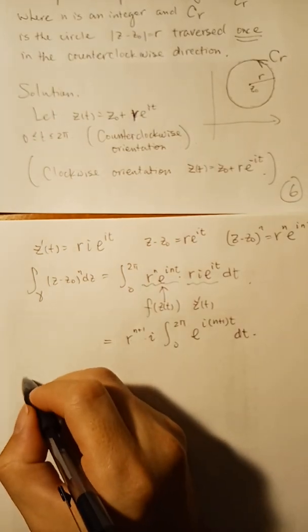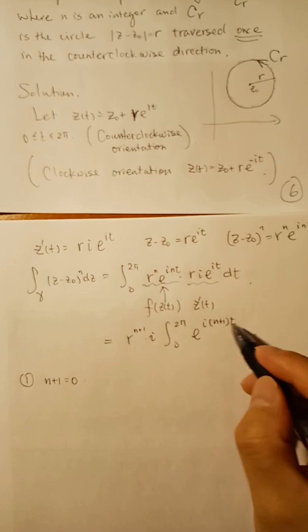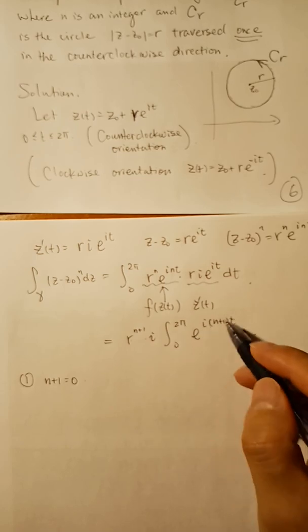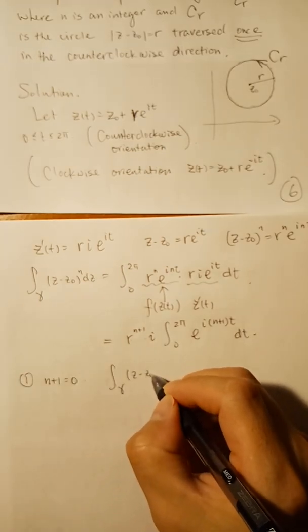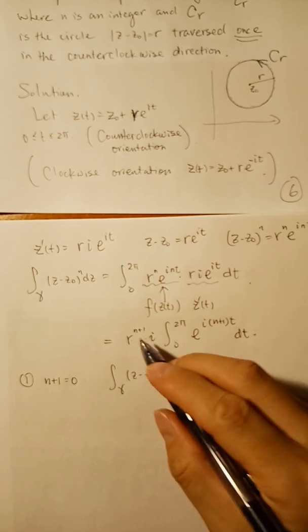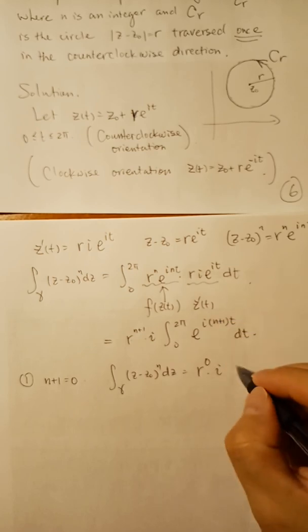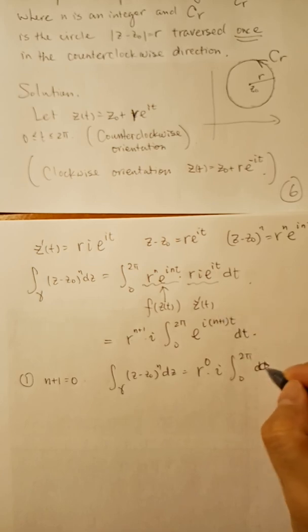Case 1: n plus 1 is 0. If n plus 1 is 0, this power is 0, and e to 0 is 1. So the integral is R^0 times i, times the integral of e^0 dt.